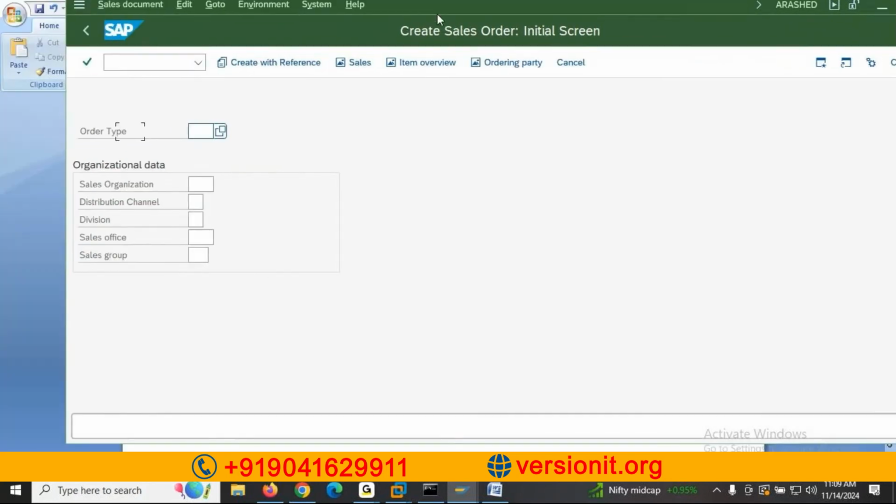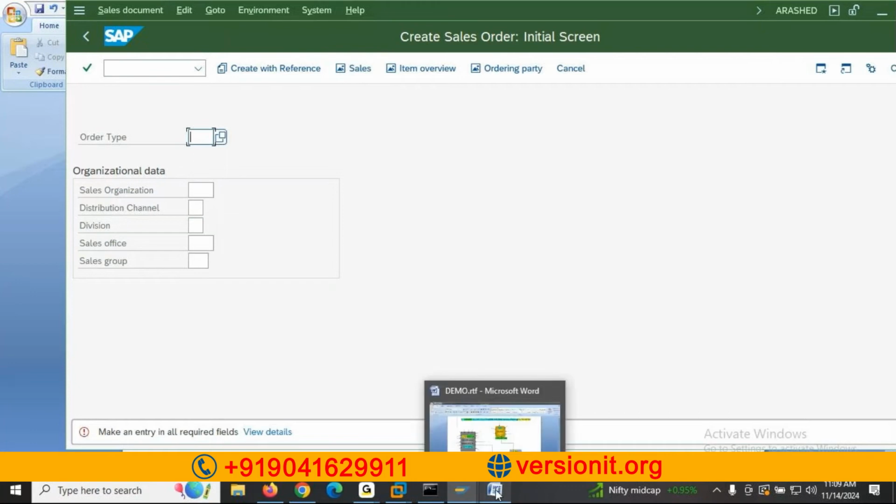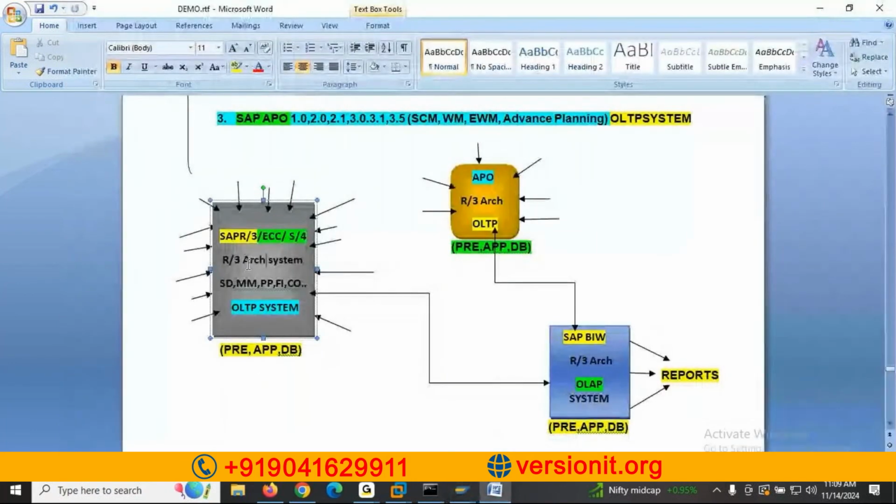And whatever transaction I hit, what are people going to do with it? They create a sales order and they save it. Once they save the sales order, the data goes into the system.